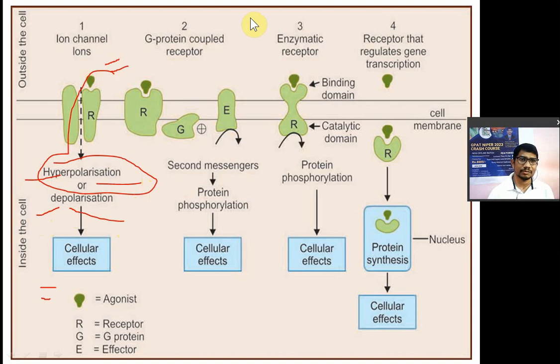Second type of receptor is nothing but the G protein coupled receptor. Okay, so these receptor, drug which interact with this receptor or agonist, it will interact with the receptor.